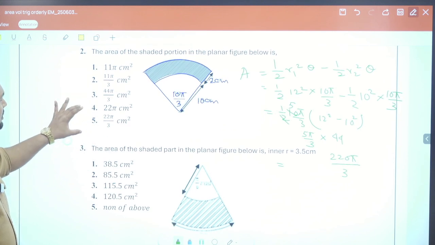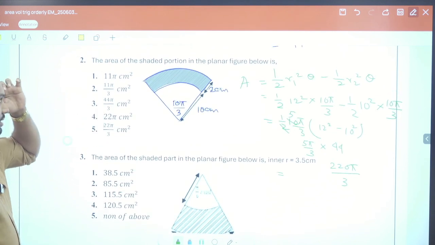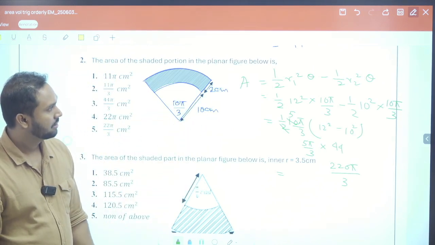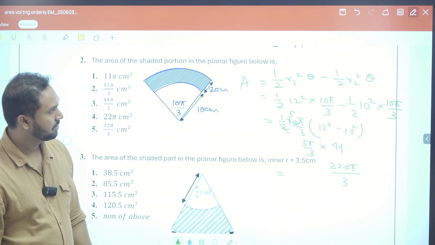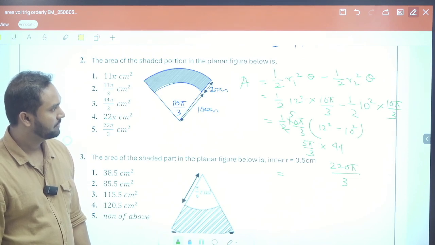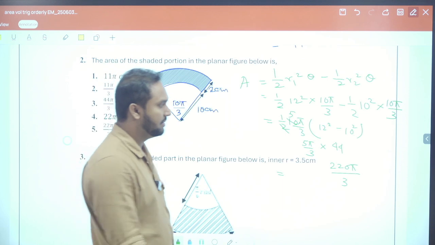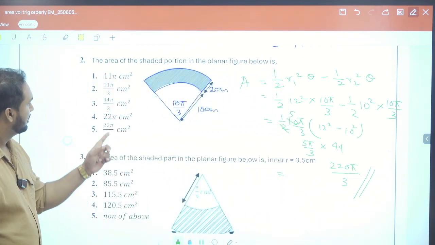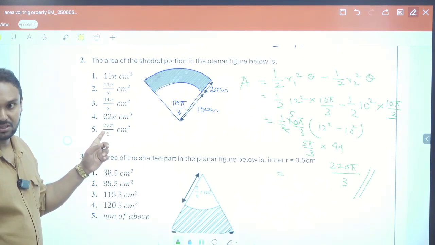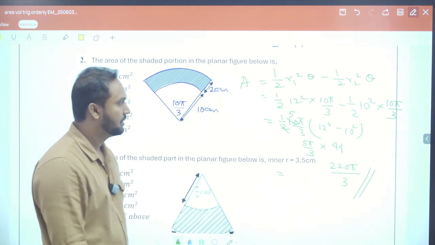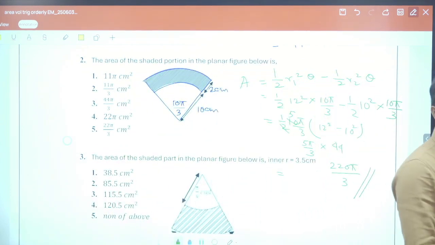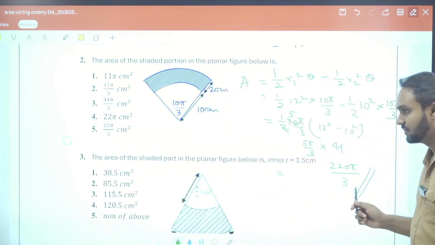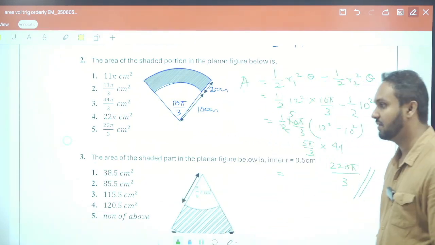Where's the mistake here? No mistakes there, right? 12, 10, 10.5 over 3. Okay. Right, 5 pi. Okay then, shall we correct one of the answers? 220 is there. Shall we correct the fifth question? Put a 0 there. 220 over 3. Correct the fifth answer. 225 over 3. That is the answer.